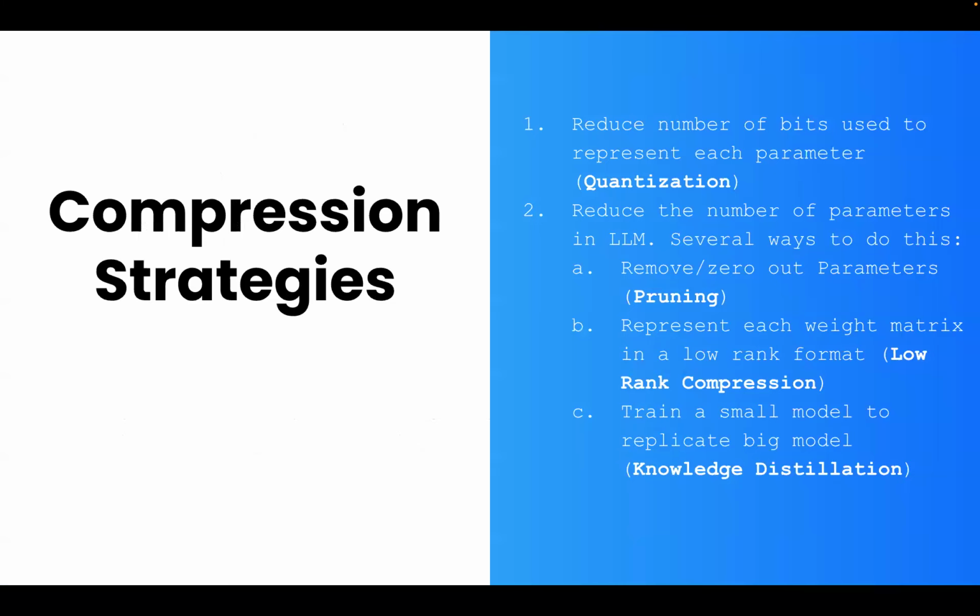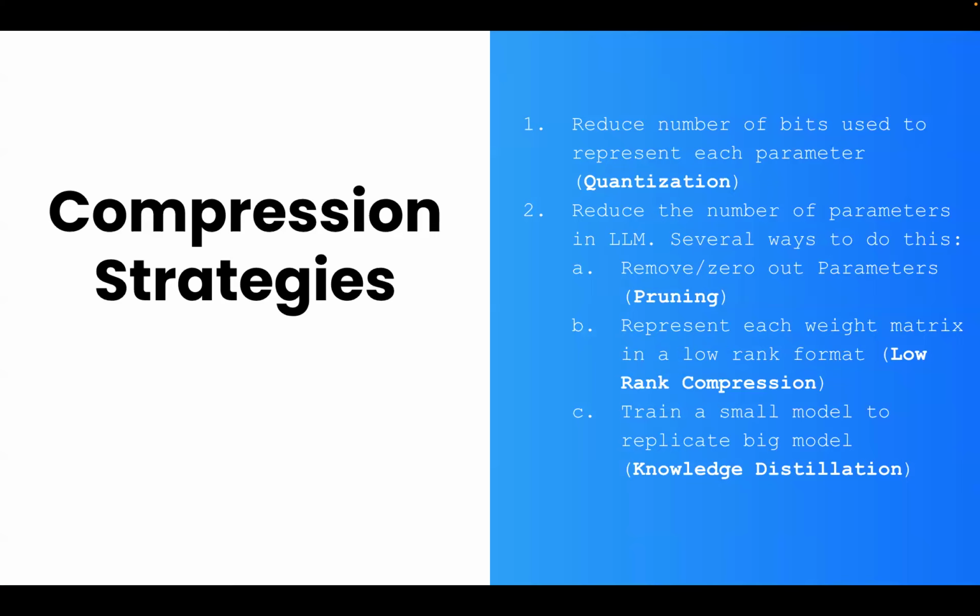Okay, so there's a couple of compression strategies. Intuitively, there are two ways of doing it. We can either reduce the number of bits we use to represent each parameter. That's what we call quantization. Or we can just start removing parameters. There's several ways of doing this. The first is we could just start removing parameters, which is called pruning. Or we can represent each weight in a low rank format. This is what's known as low rank compression.